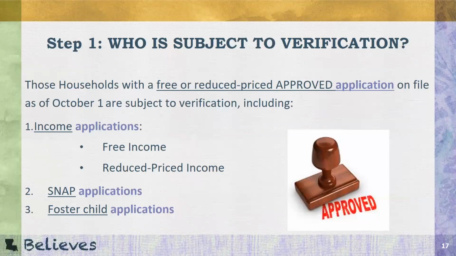Who is subject to verification? Those households with a free or reduced price approved application on file as of October 1st are subject to verification, including income applications with free income, reduced price income, SNAP applications, and foster child applications.